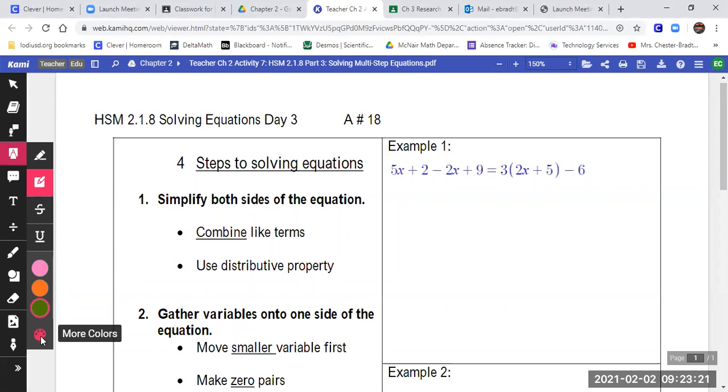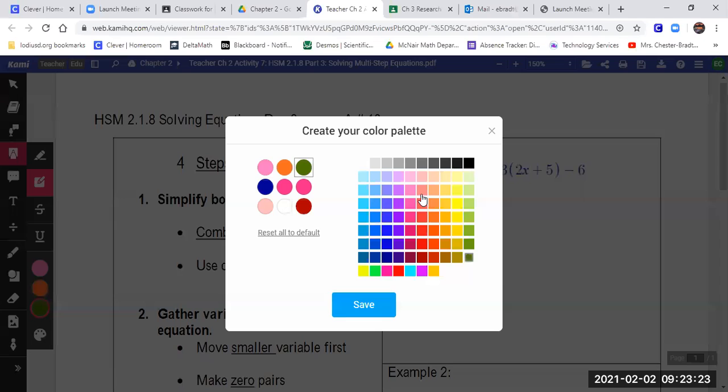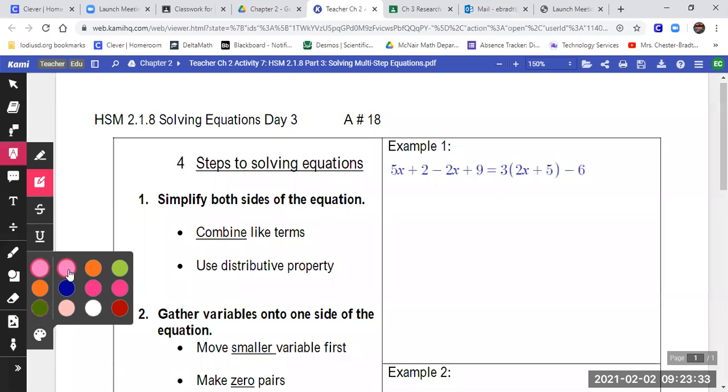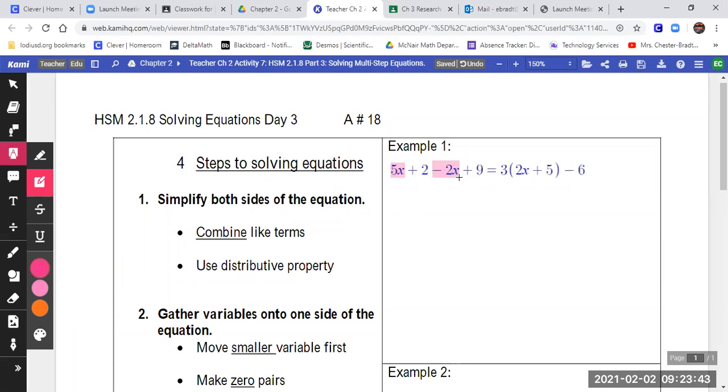I'm going to use bright pink for one of my colors, and bright green for the other. Like terms would be the 5x with the negative 2x. That's one set of like terms.